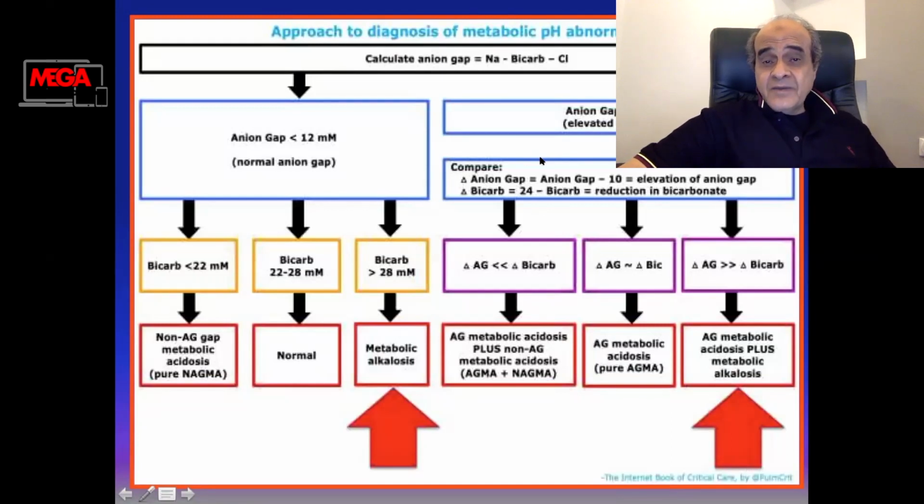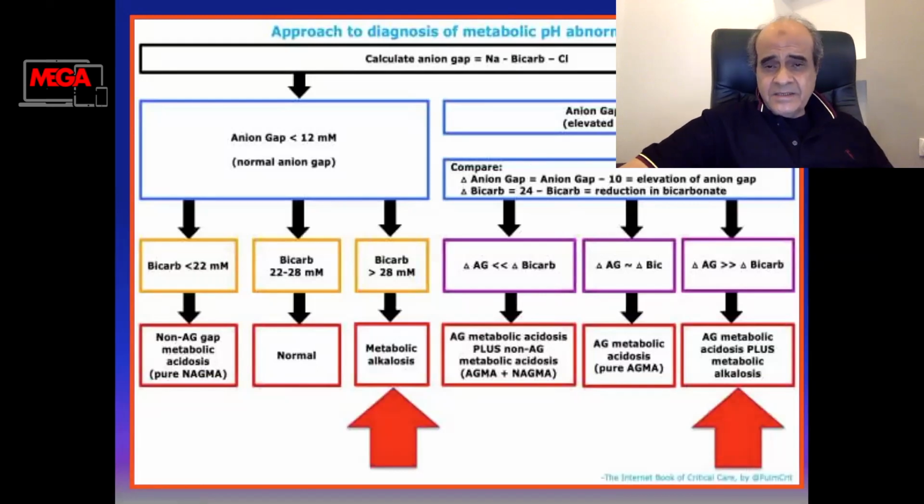Estimate the delta gap in both the anion gap and the bicarb. If the delta gap of the anion gap is more than the delta gap of bicarb, you have a missed or concealed metabolic alkalosis associated with metabolic acidosis.